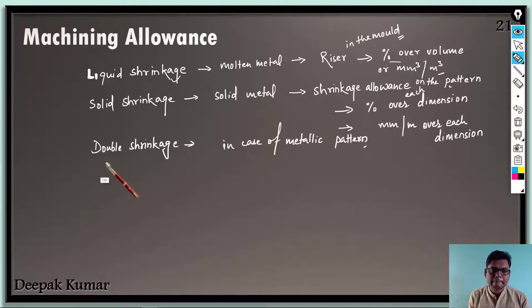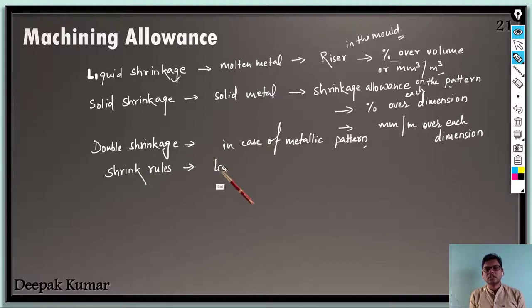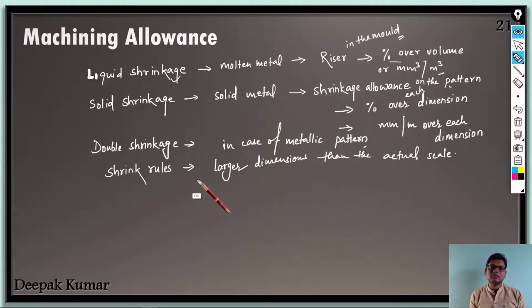And after that we talked about shrink rules. A shrink rule has larger dimensions than the actual scale. Here 1 millimeter will not be 1 millimeter.